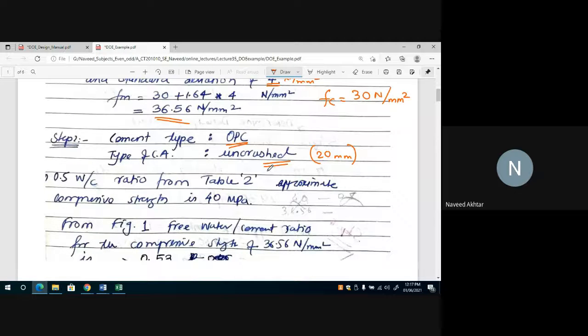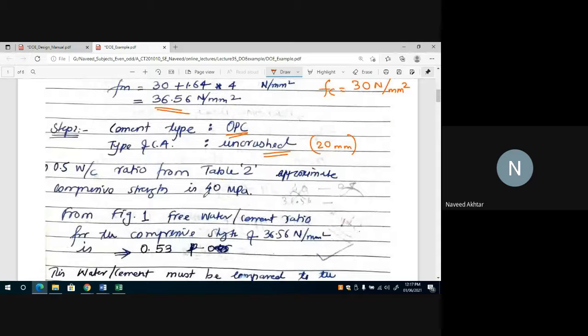So our compressive strength for the water to cement ratio of 0.5 is 40 MPa from table number 2.